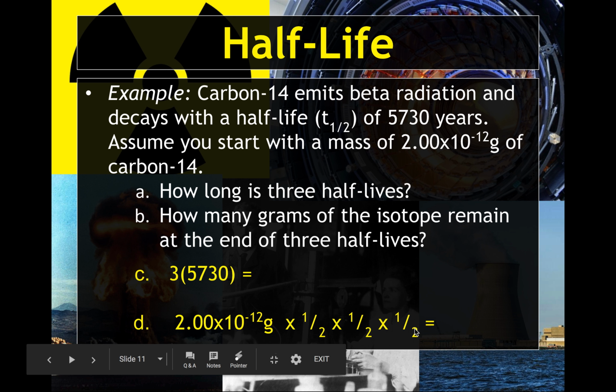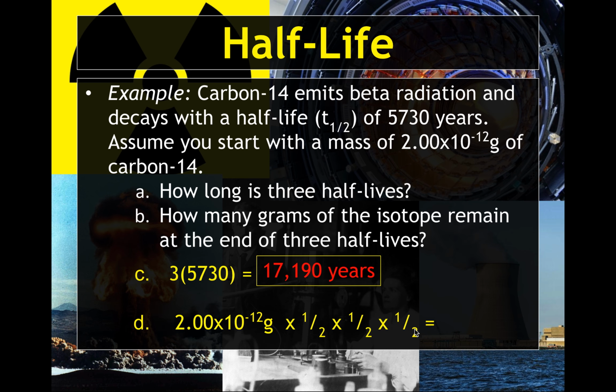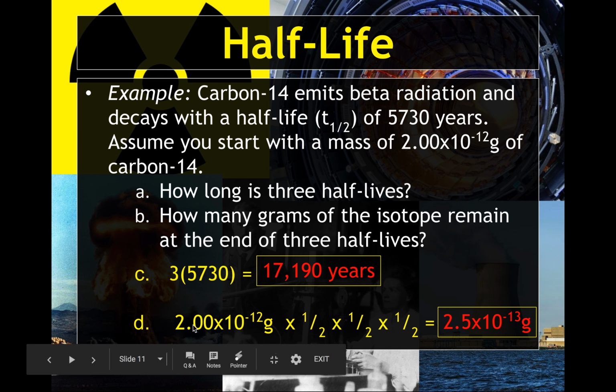So our total number of years that 3 half-lives will take is 17,190 years. At the end of 17,190 years, we will have 2.5 times 10 to the negative 13 grams. 2.00 times 10 to the negative 12 times 1 half times 1 half times 1 half.